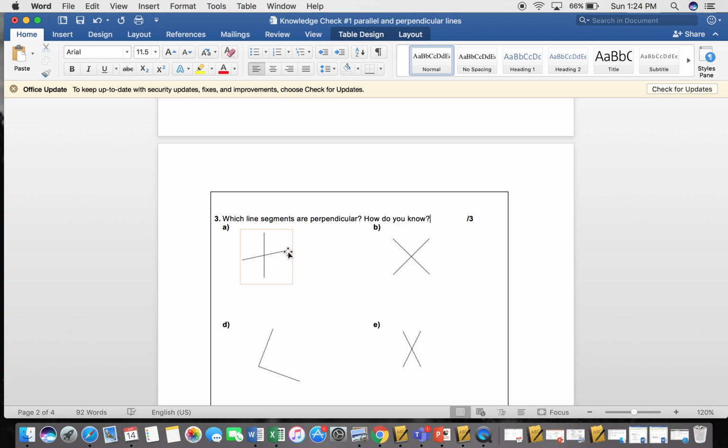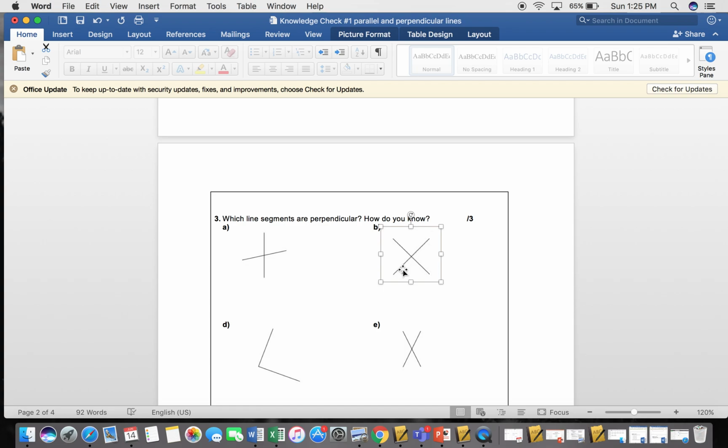But do they create a 90-degree angle? No, they do not. Because if we look at this line up here and this line over here, and we look at that angle, it's a little bit less than 90. If we look at this line down here that ran into this line over here, and we draw that angle, it's a little bit more than 90. So therefore, it is not perpendicular.